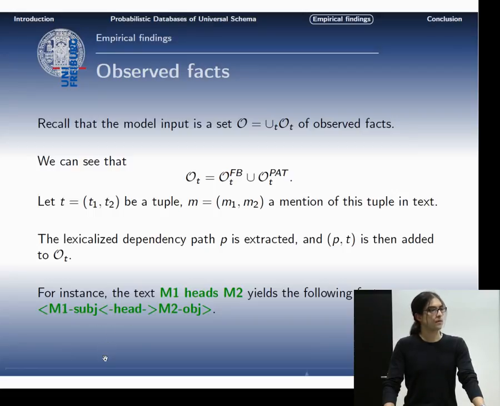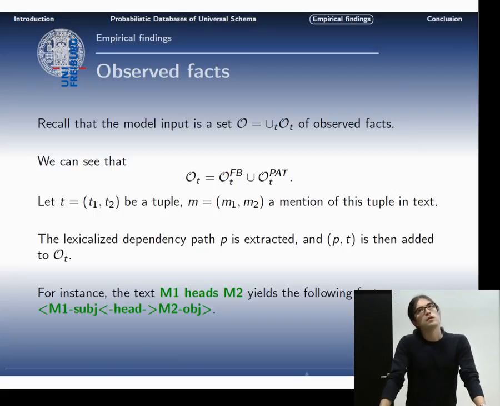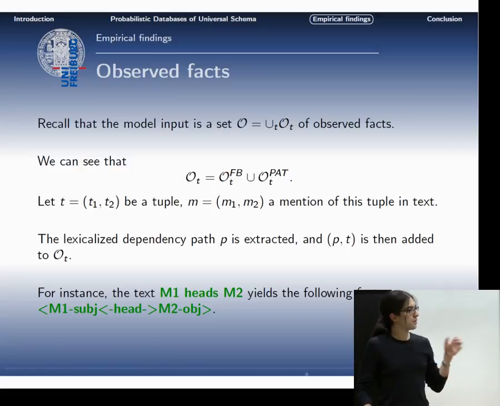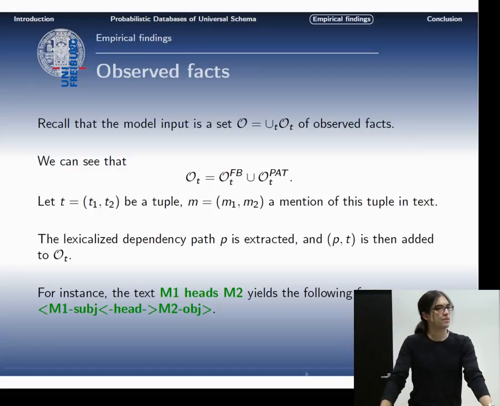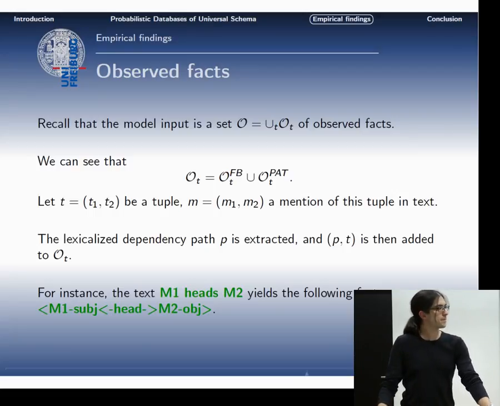But then you don't know if it's true or not. How do you know if it's an observed fact and then you assume it's true? Yes, that is a good point. I think they assume that every observed fact is always true, which I guess maybe works because they only extract short parts of this lexicalized dependency path, so they can be pretty sure that it's true.